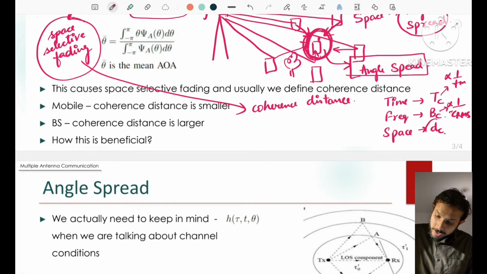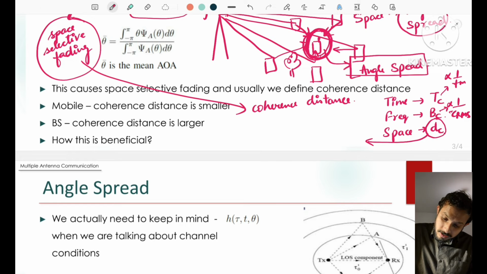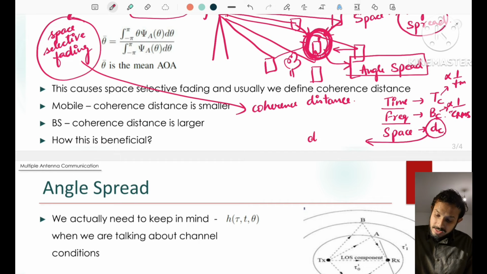And now for the coherence distance, we will see that when the spread is more, we have a very small coherence distance. Similar to time and frequency, this coherence distance is inversely proportional to theta RMS.